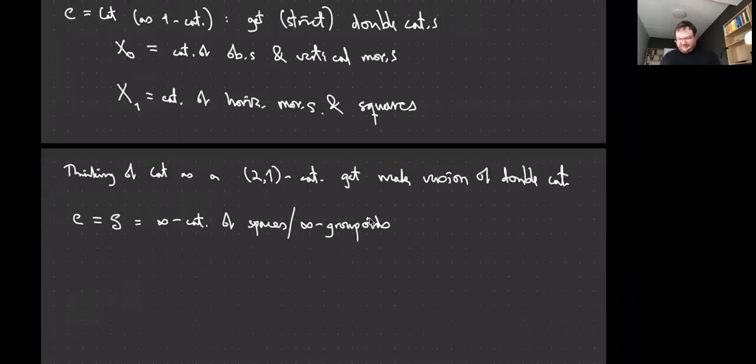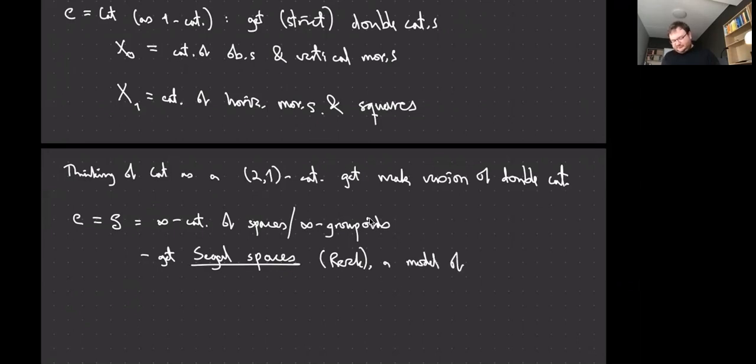We might expect this to give us a version of infinity categories, and that's true. This definition gives exactly the Segal spaces of Rezk, which give one model of infinity categories. More precisely, it's a model of the algebraic structure of infinity categories.